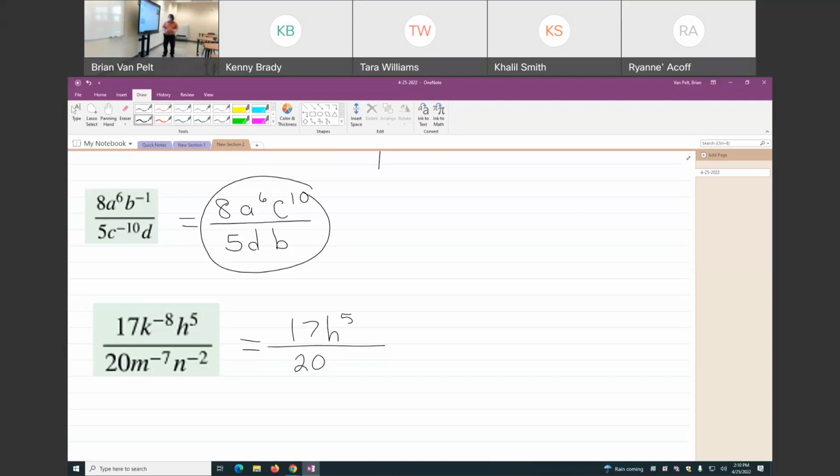I wrote down all the things that I know aren't going to move. Now I'll finish it off. I know the M comes up top, right? The N also comes up top. And the denominator. Negatives.